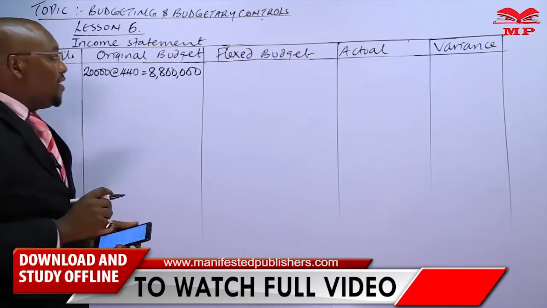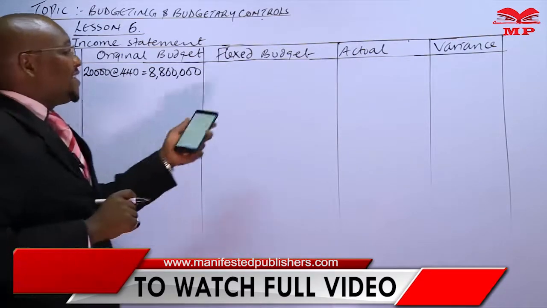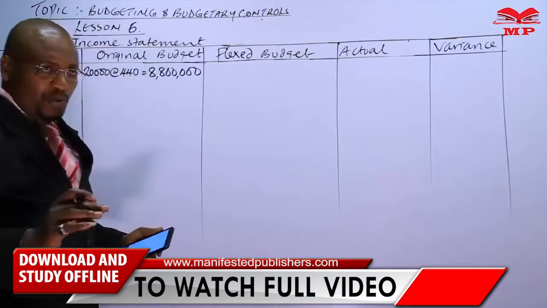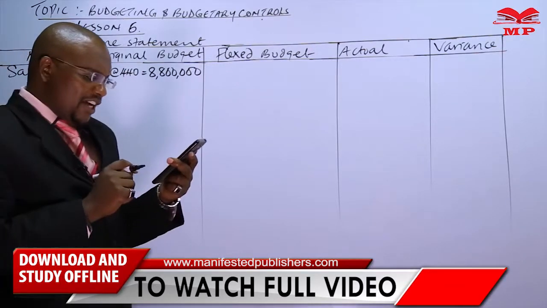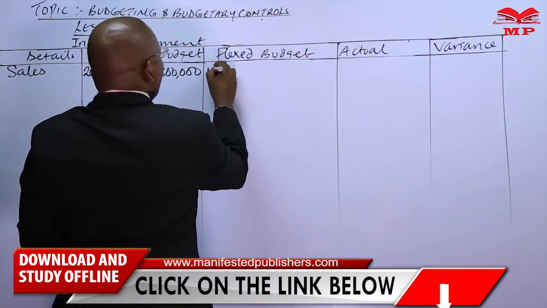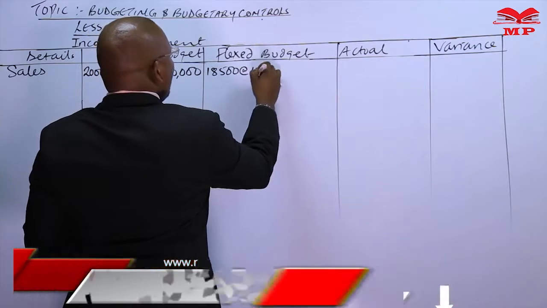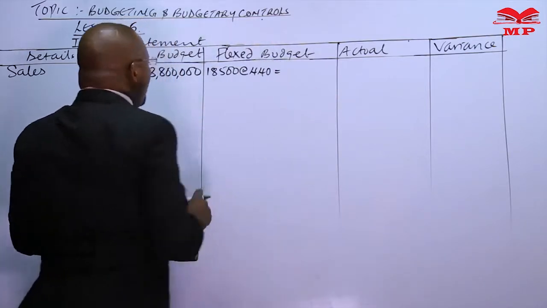Flexed budget. The flexed budget capacity or volume is the same as actual, and therefore the actual level of production and sale, information number 5, is 18,500, but it must be at the same budget price of 440.